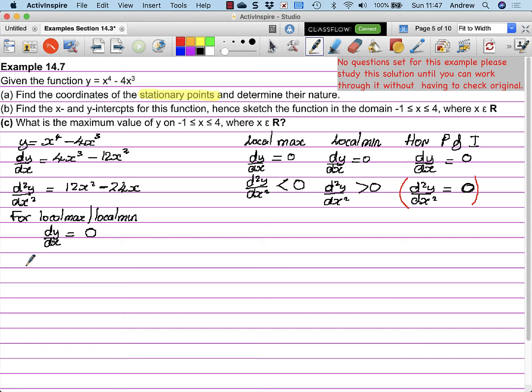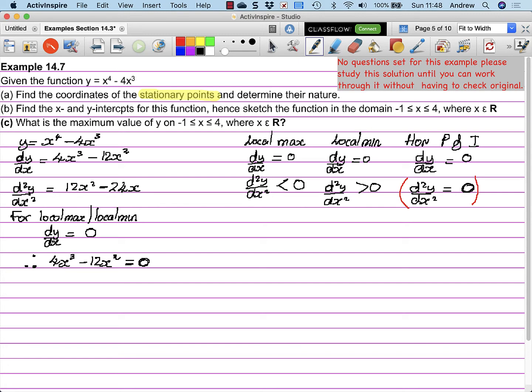Therefore, we now know that 4x cubed minus 12x squared is equal to 0. Of course, dy divided by dx equals 0 is also true for a horizontal point of inflection, but we don't usually write that down. What's the common factor?